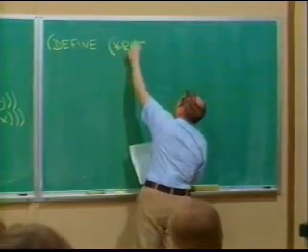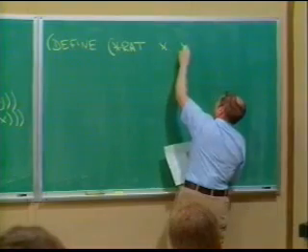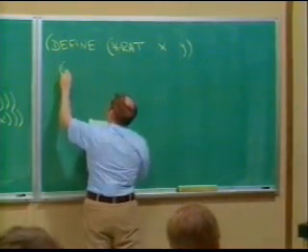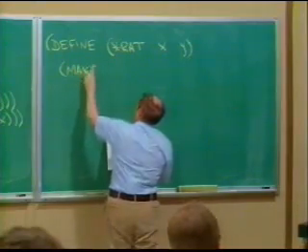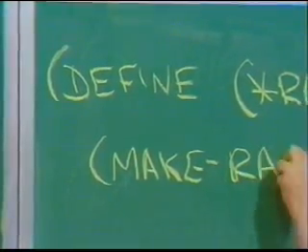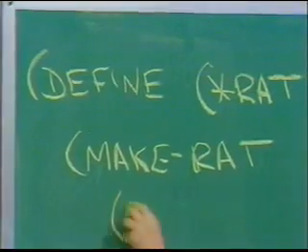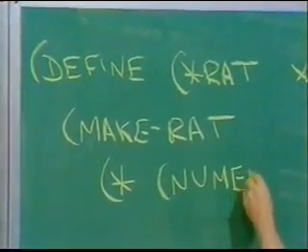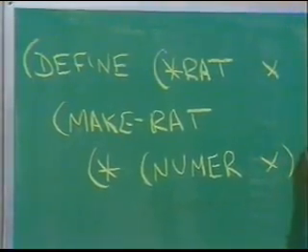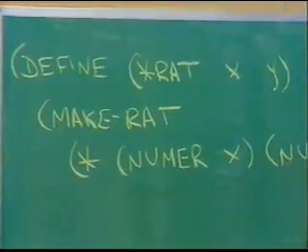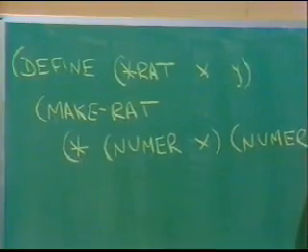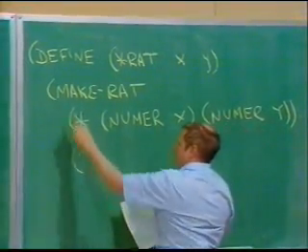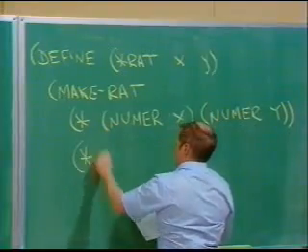Call it starRat. It takes in 2 of these clouds, x and y. It returns a rational number, makeRat, whose numerator is the product of the numerators, numerator of x times the numerator of y, and the denominator of the thing it's going to return is the product of the denominators.